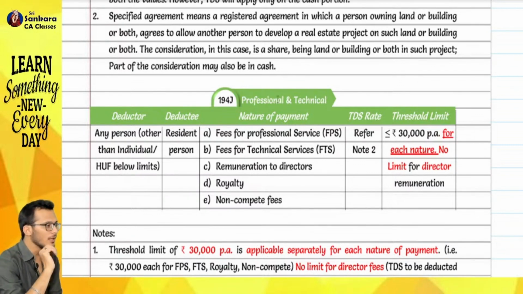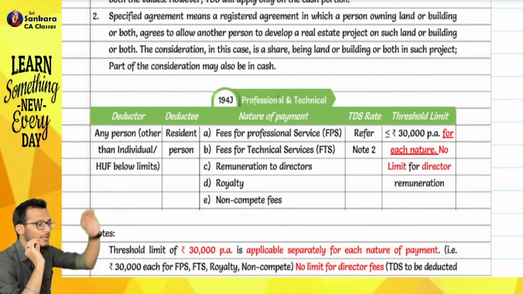What is the rate, Rahul? Fees for professional service 10%. Fees for technical service 2%. Call center services 2%. Royalty for cinema films 2%. Any other royalty 10%. These are the provisions: 30,000 per nature of payment.